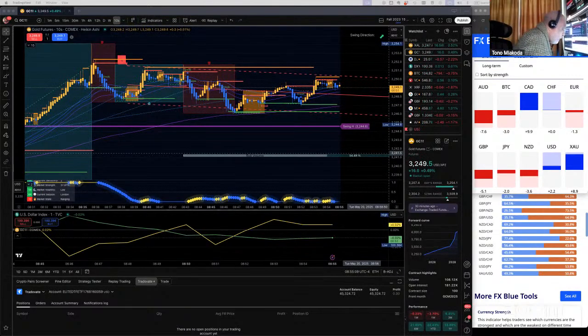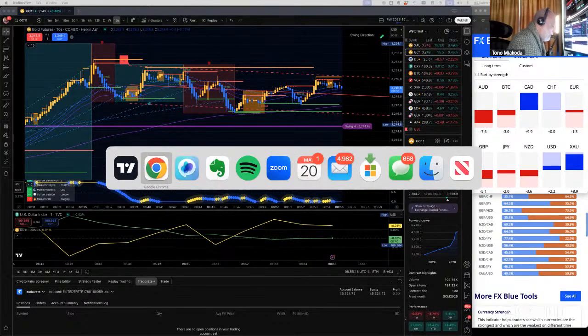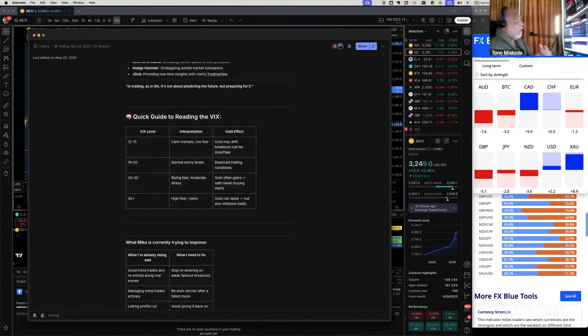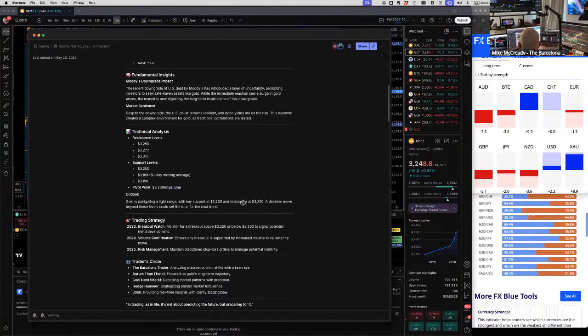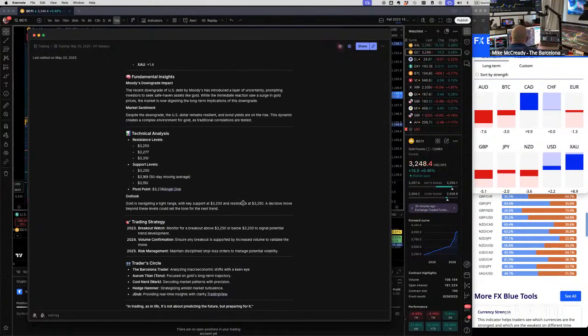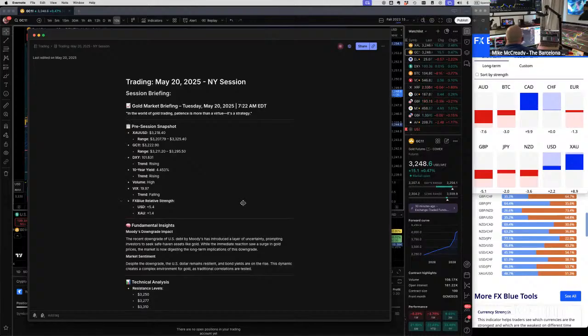When I sat down, it was at 32.36 on spot, 32.39 on futures, and I'm seeing a 10 pip move on both. When I sat down, we were at 32.18.